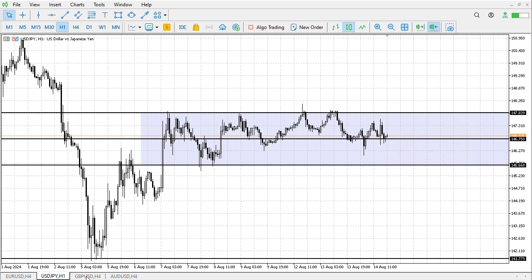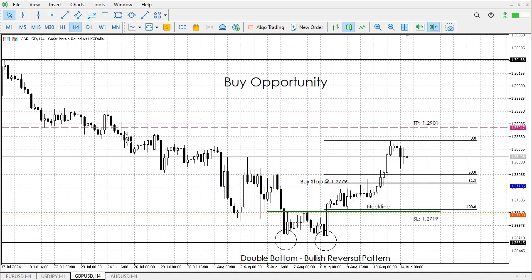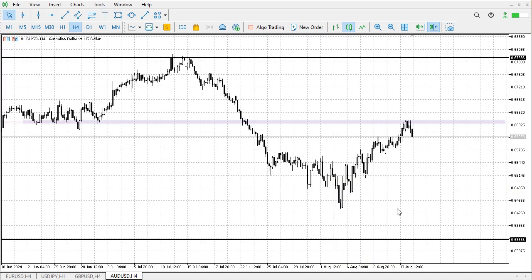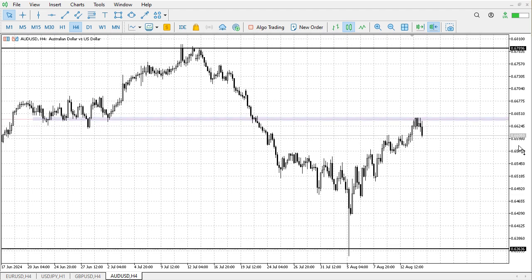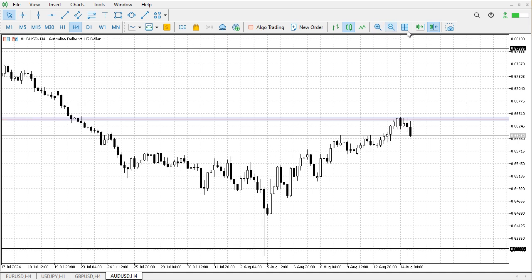Then on GU, of course, I've told you what we should do here. For those of you in this trade, just prepare to manage it properly so that you can extract profit from the market. Here on AU, we expect that this market should continue to go up.